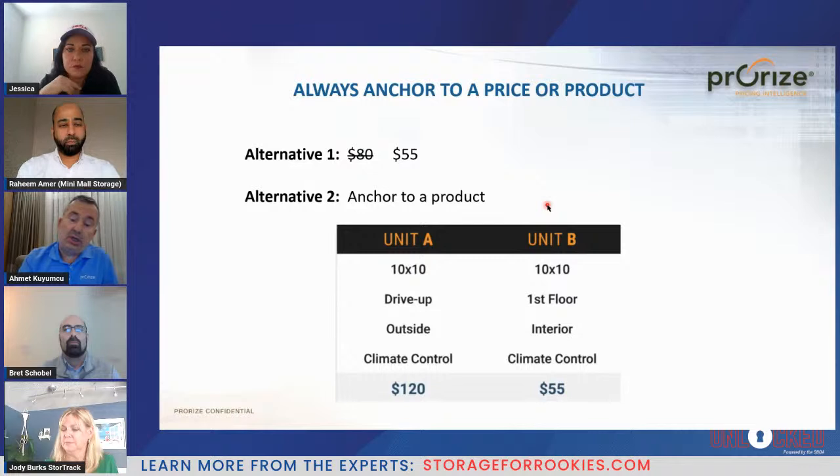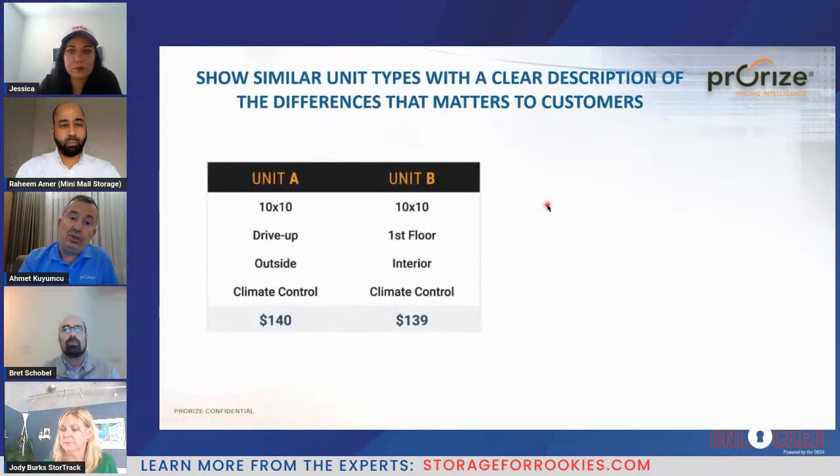Another good strategy to use is always show units with similar unit types. So if you're showing something like this, human needs to be able to quickly compare. If they cannot see the difference between them, they cannot compare. So in this case, you're looking at similar units. One is drive up and one is first floor.